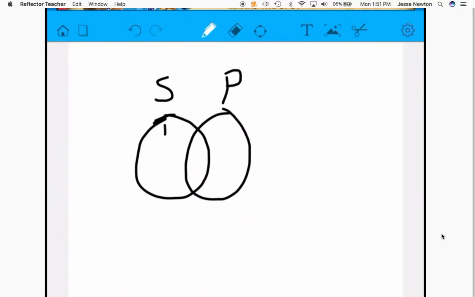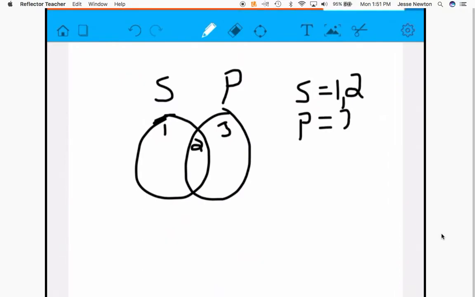We have region 1, region 2, and region 3. That's poorly written, but hopefully you can see regions 1, 2, and 3. S is equal to region 1 and region 2, while P is equal to region 2 and region 3.